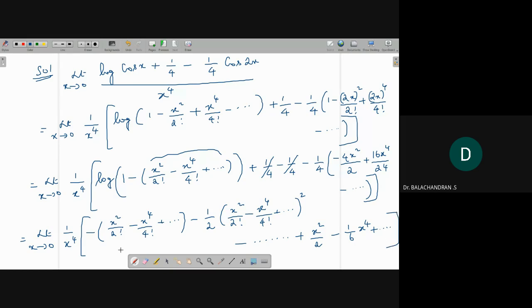Now we can cancel this plus x square by 2 with minus x square by 2. Now what is the minimum power of x you have here? It is x power 4, because here you have x square, but if you square it, that is x power 4. So the minimum power is x power 4. That is why I took x power 4 common, because I want to cancel this x power 4.